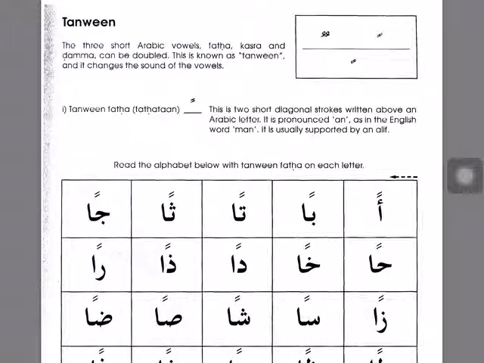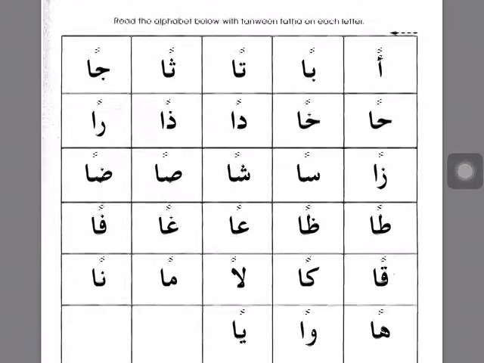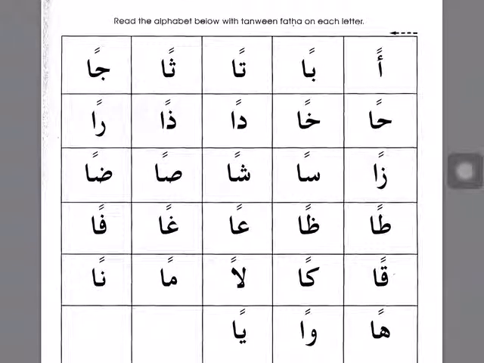But with the an sound, it needs to sit on an alif. But it's not written here because in the Arabic language it's not befitting to have two alifs in a row. So you can see in the rest of the letters they all have this alif after it.